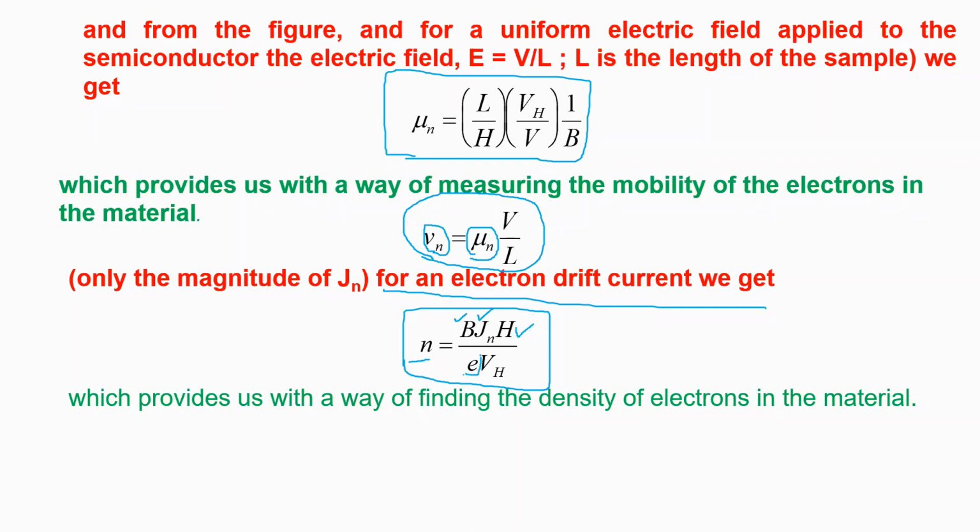Q is your charge, and V is your Hall voltage. So substituting these values, and this Hall coefficient is basically thickness of your sample. So we substitute this value and you can easily find out the density of electrons.